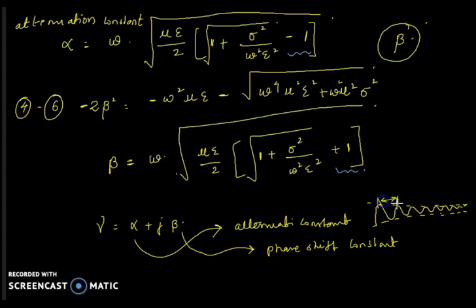So let us take this is the phase difference between the first peak and second peak. But if we move forward, the phase shift at one stage of this propagation will be different from the previous stage or the later stage. So we can observe two types of changes.